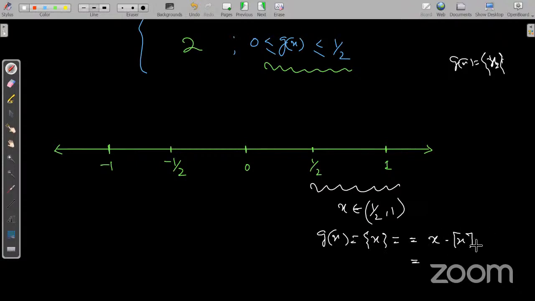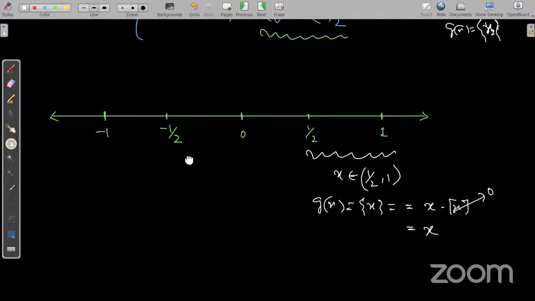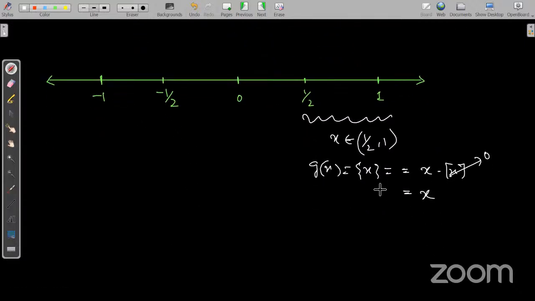The greatest integer of any number between half and 1 will be 0, so you get x only, and g of x is x. If g of x is x, then g of x belongs to 1 by 2 to 1, right or wrong?